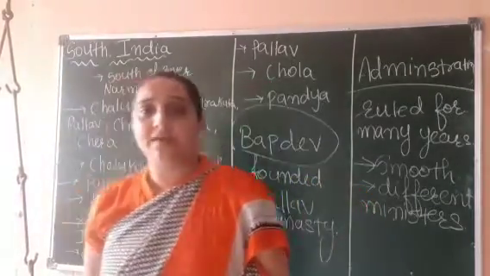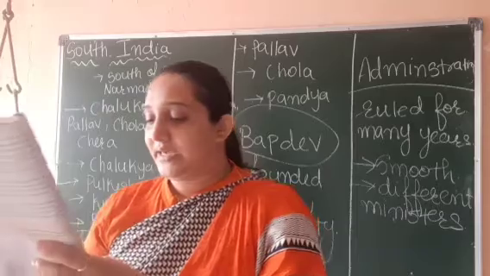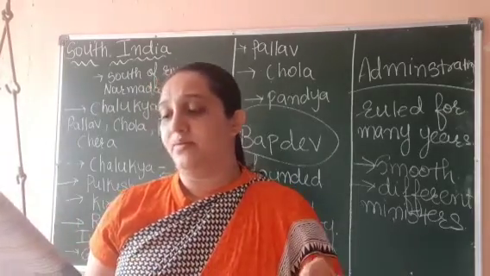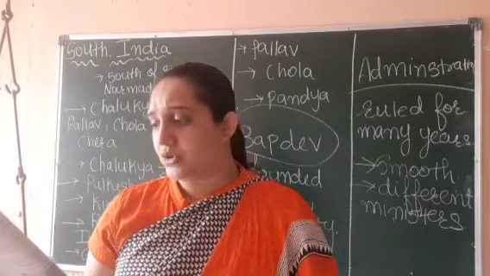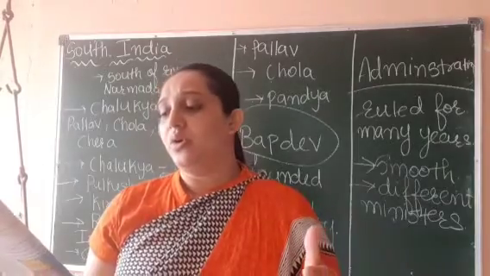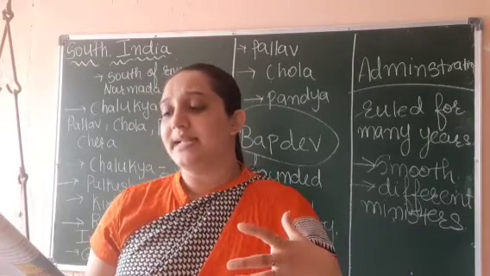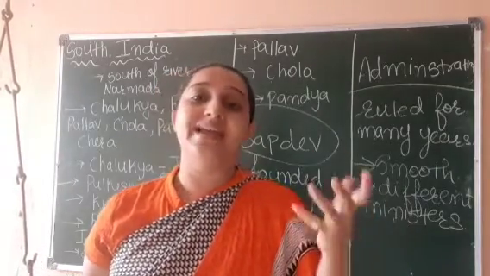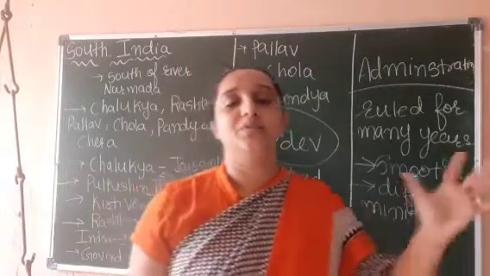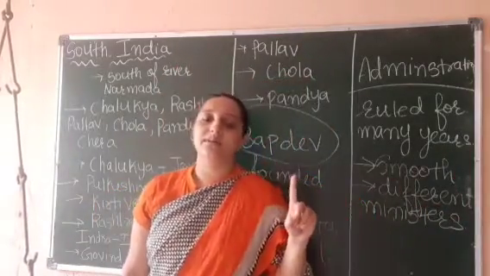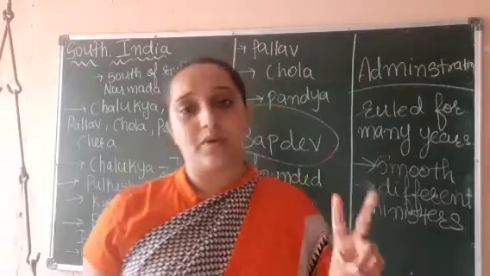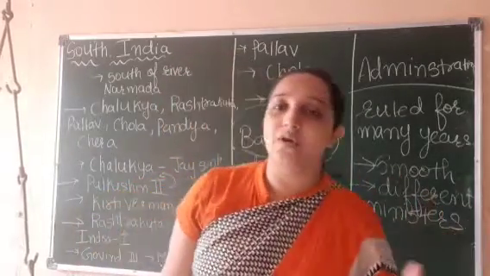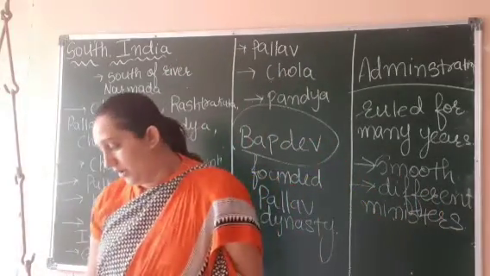In the textbook they have given the names of the ports, right? Khambat, then one port that is in Bharuch of Gujarat. So we can say that trade and commerce was very good in the Rajput era, right? This was the place where trade and commerce was going on.